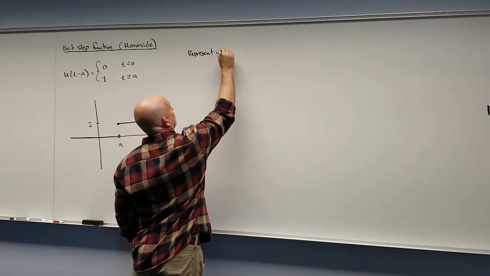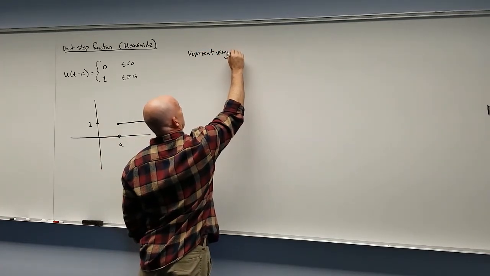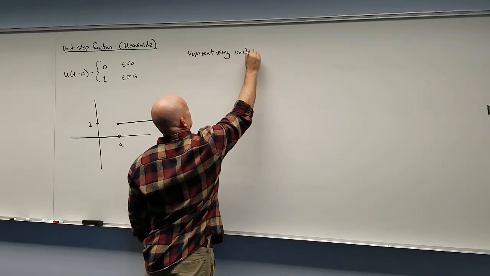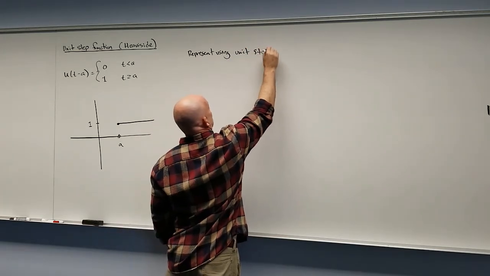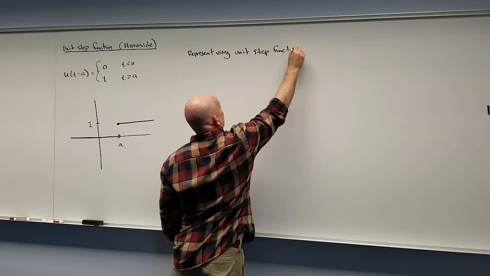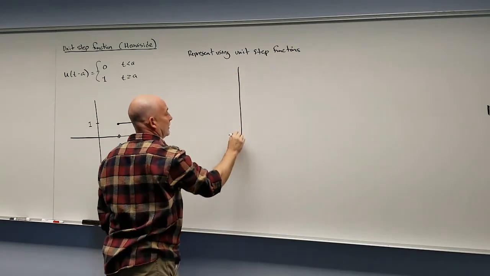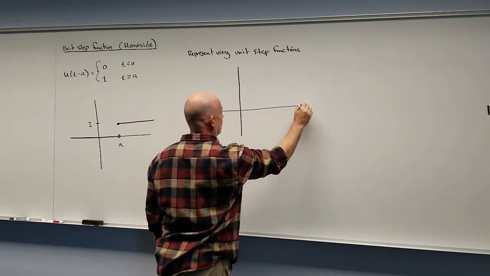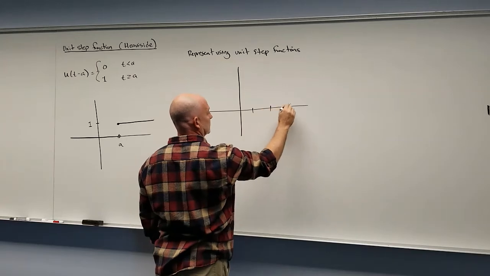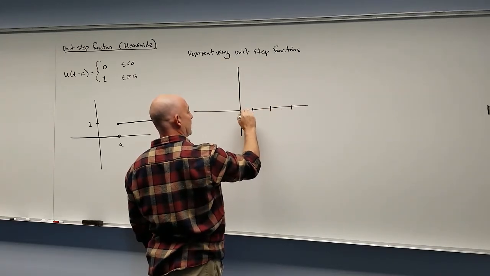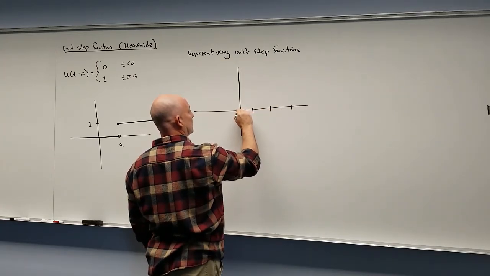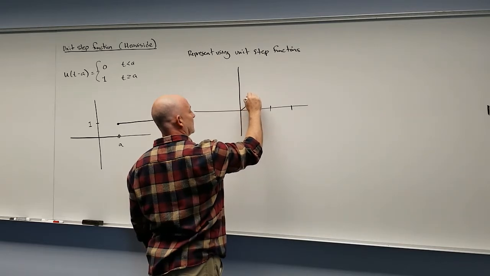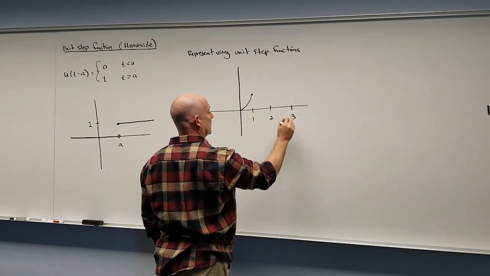So let's say we want to represent using unit step functions. And let's draw something horrible. Let's say I have 1, 2, 3. Let's say that we have 3 functions here. So it's 1, 2, and 3.